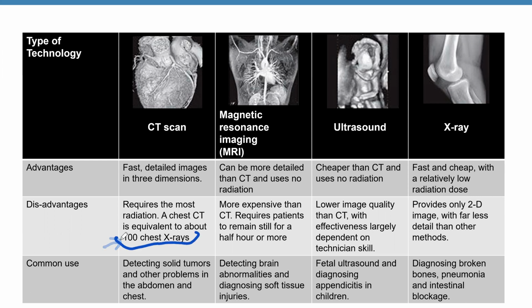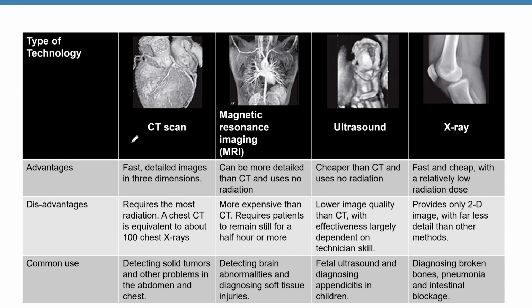So you can see, compared to X-ray, it really uses lots of harmful radiation. It's used for detecting solid tumors and other problems in the abdomen and chest. We can use CT for imaging the brain as well.